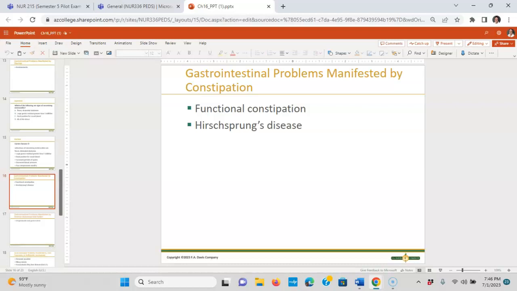So just so you know, this is always on the NCLEX because it's very rare, but when it does happen, it's truly a problem. Okay? So in your book on page 384, you can see the difference with a diseased section and a normal section. So it's just the nerve cells didn't continue to develop in utero.